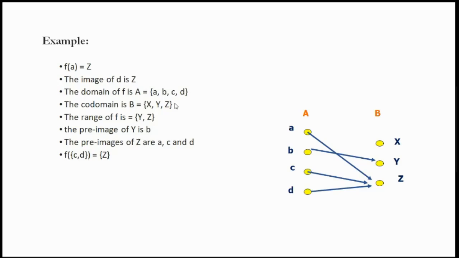The pre-image of y is b because f of b is equal to y. So b is the pre-image of y. The pre-images of z are a, c, and d. So f of c comma d is equal to z. That means you have to treat it individually: f of c is equal to z and f of d is equal to z.